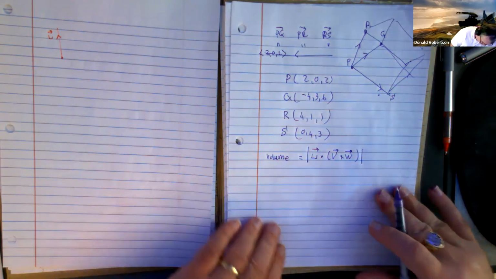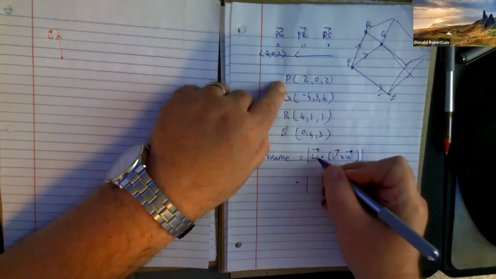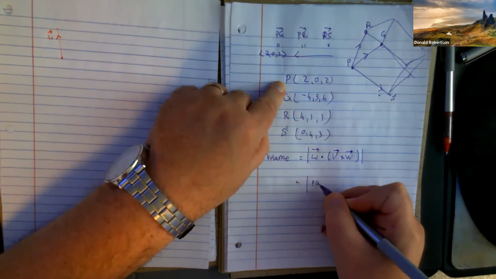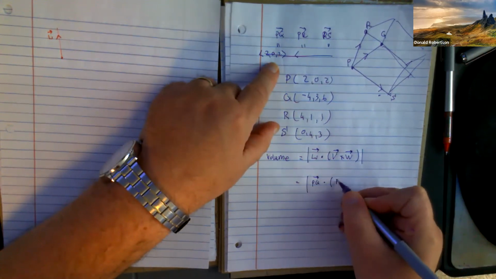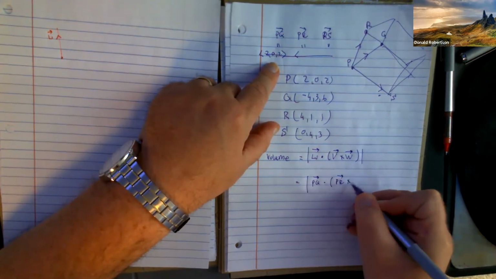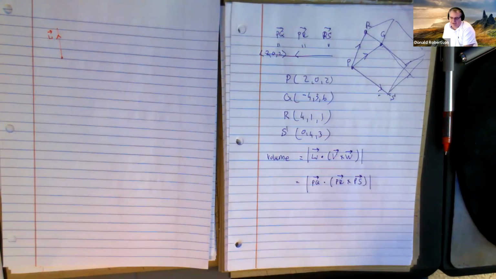Now, in our world, that can be my PQ, and then the other two are going to be my PR cross with my PS. So that's what the edges bit was about.